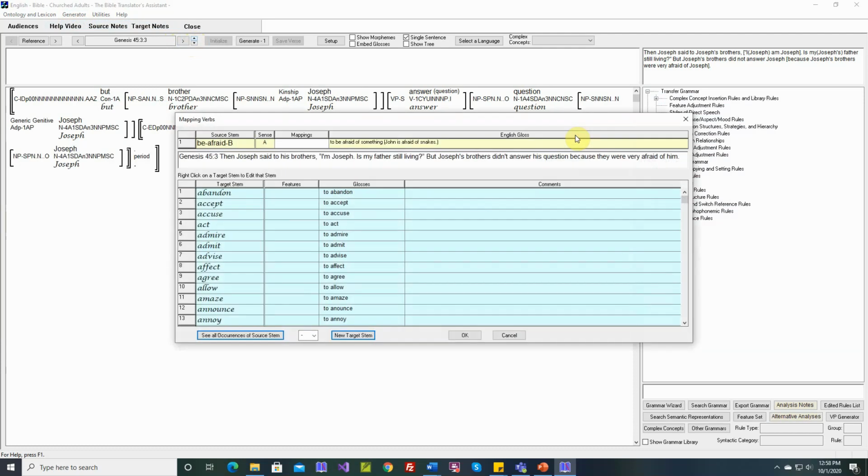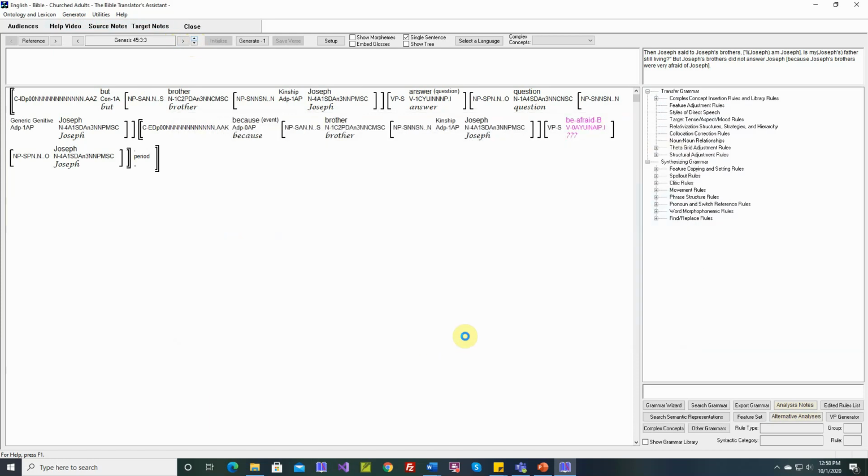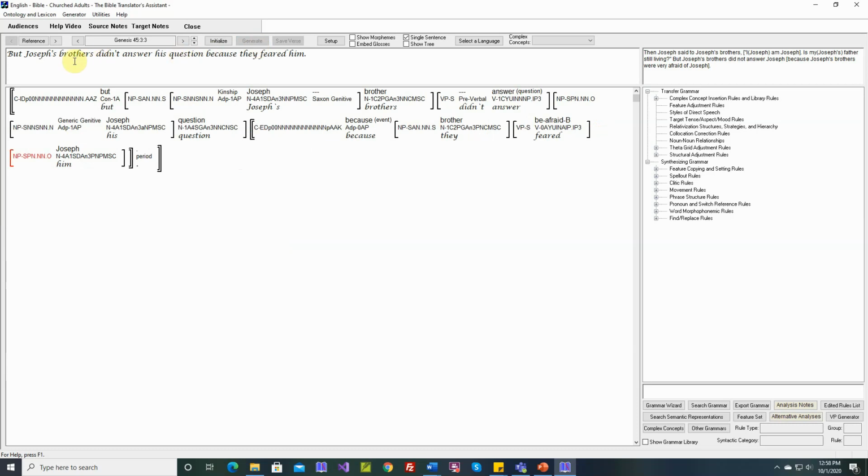Now we'll link this to the concept fear. Right there. And now if we generate the sentence, but Joseph's brothers didn't answer his question because they feared him.